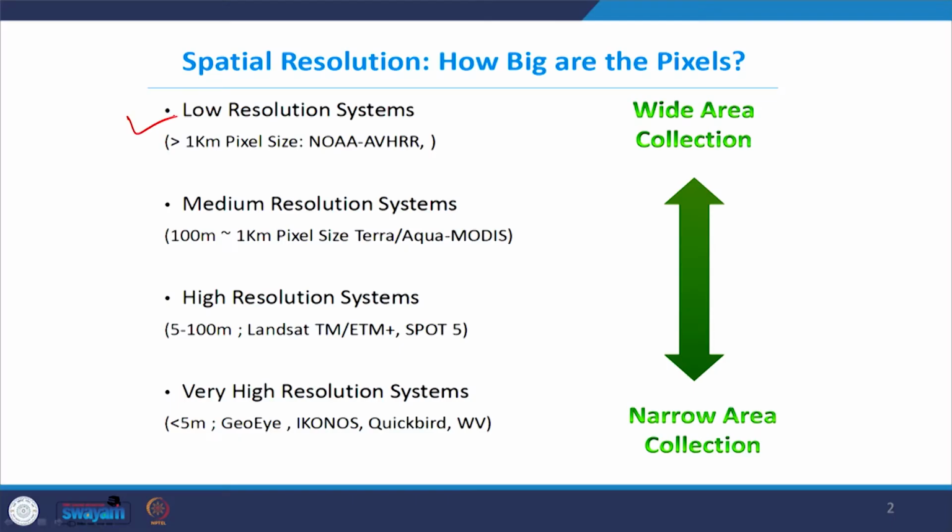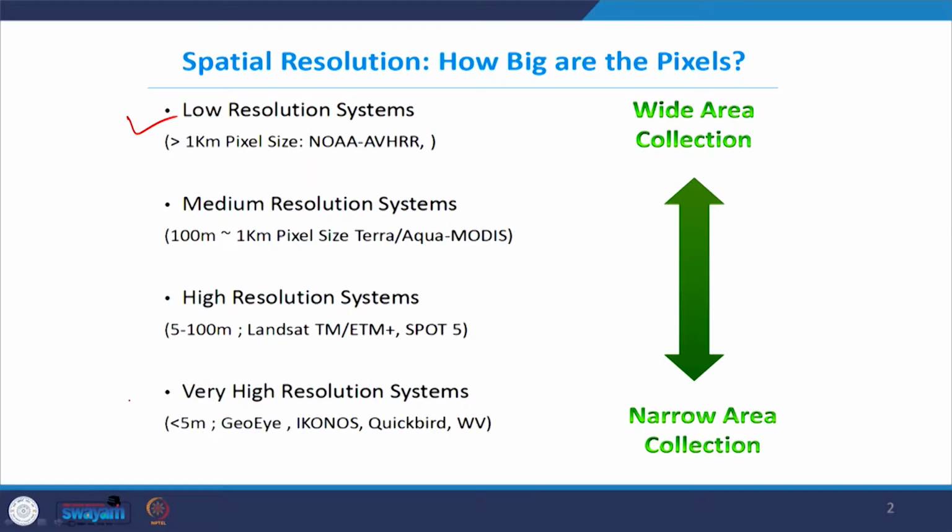Generally speaking, when I am talking of low resolution systems, I am talking of where the pixel size is more than 1 kilometer. But when I am talking of a very high resolution system, my focus is on pixel size less than 5 meter. Any satellite sensor which provides data less than 5 meter in size comes under the very high resolution system.